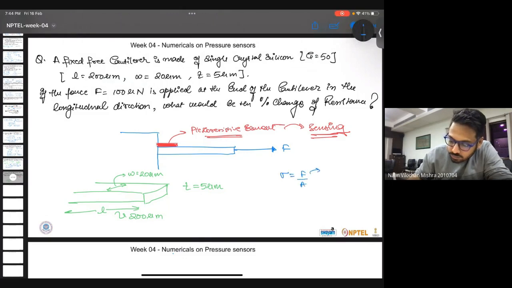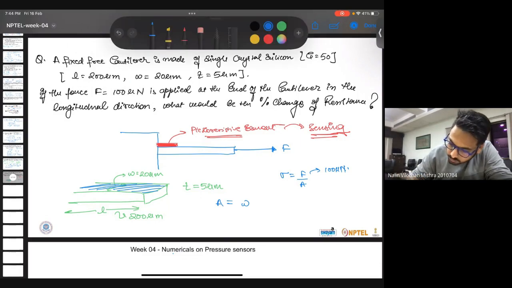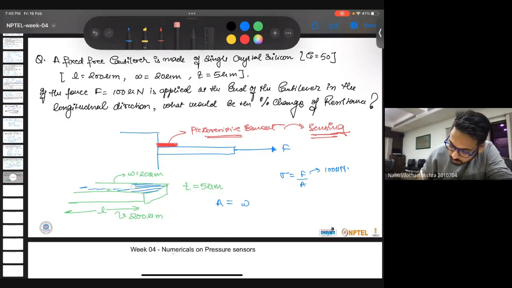The value of force is already given as 100 micronewtons. Area you can calculate. So this area is required. Not this area, because we are applying force in this direction.